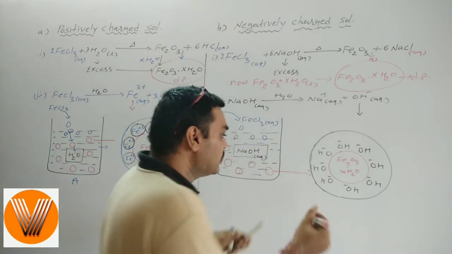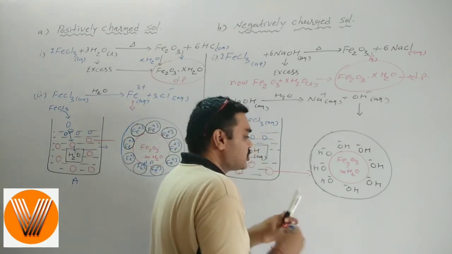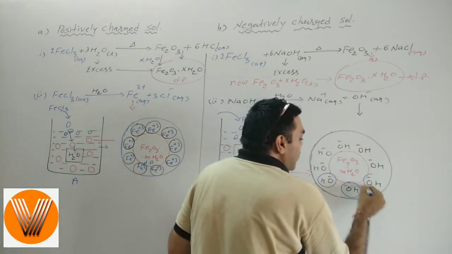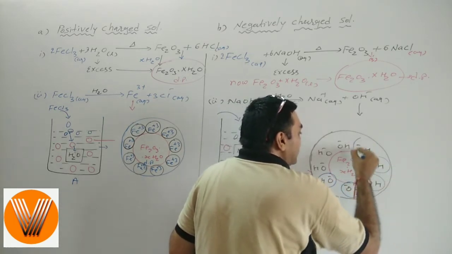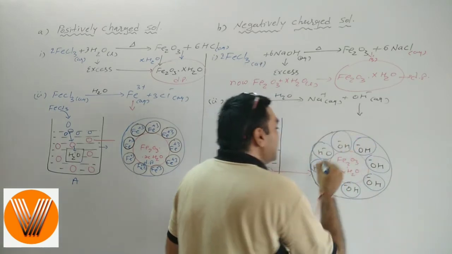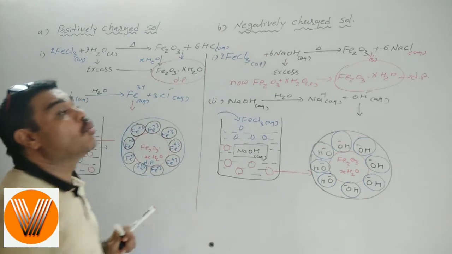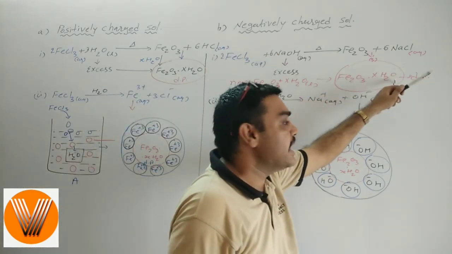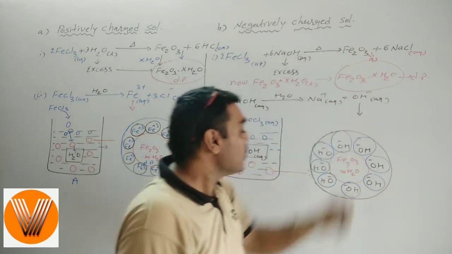Due to the adsorption of OH-, the dispersed phase particle acquires a negative charge, and that's why you consider it the negatively charged colloidal sol of ferric hydroxide, hydrated.